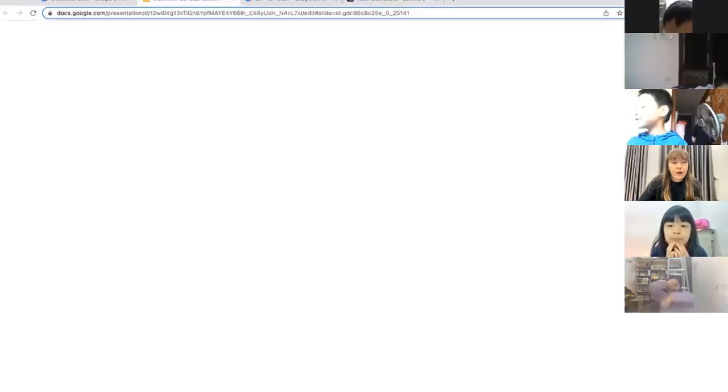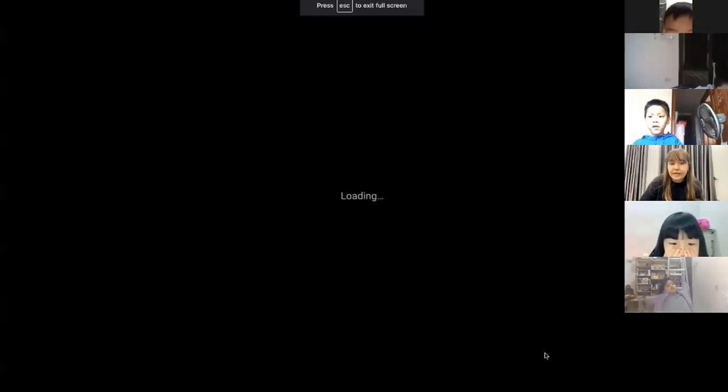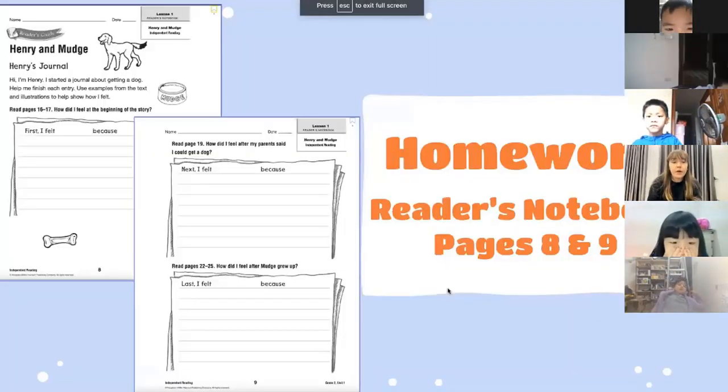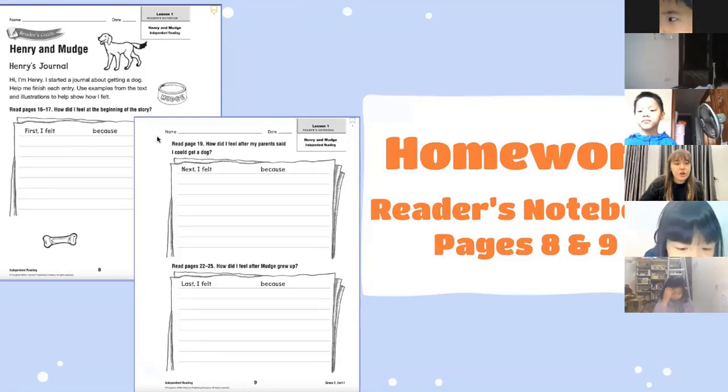All right, for homework tonight, you are going to read the story on your own at home, and you're going to do Reader's Notebook pages 8 and 9. So you're going to go through the story and see how the characters feel, and you're going to reread the story on your own and write in the journal entries for 8 and 9 from your grade 2 Reader's Notebook.